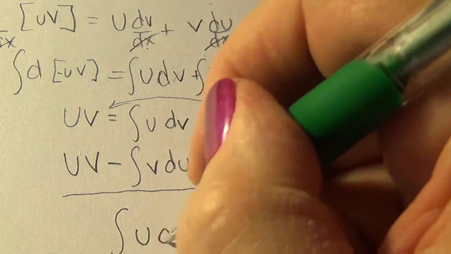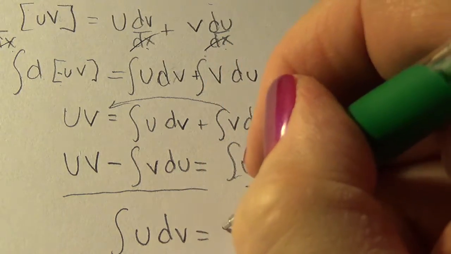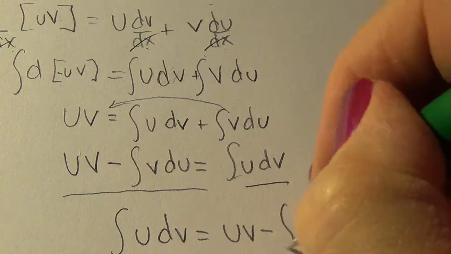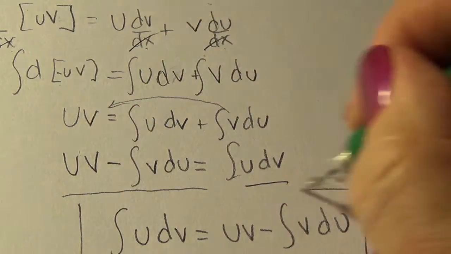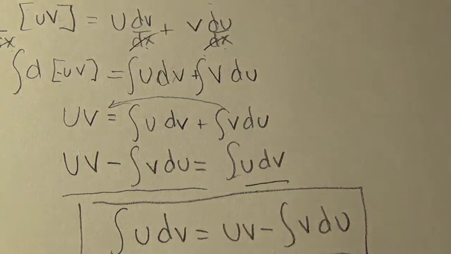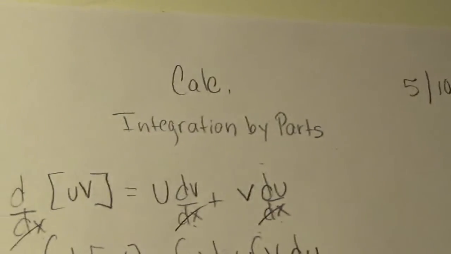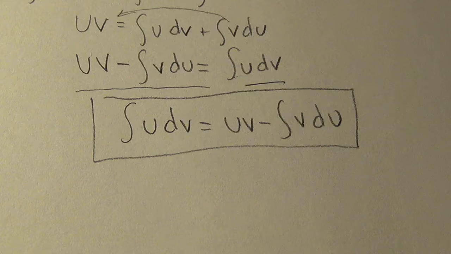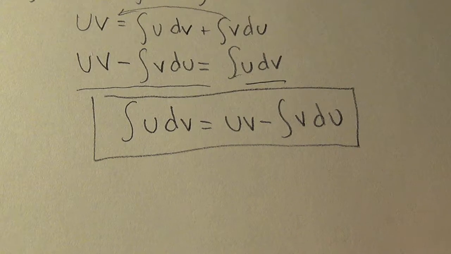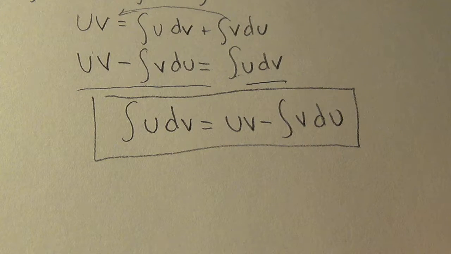The integral of u dv equals uv minus the integral of v du. This is the rule for integration by parts. Interesting, it just started with the product rule and we just sort of rearranged it. So let me show you how to use that with a problem.